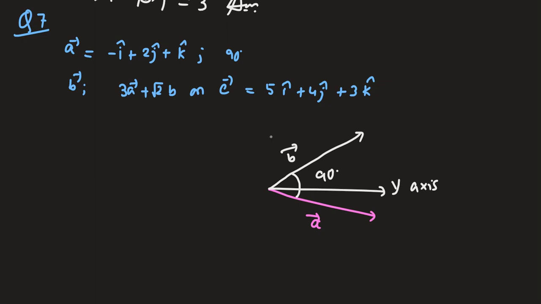Now a vector is given. You have to find the projection of this quantity on the vector c. Before finding the b vector we can't do anything, so we have to focus on how to find b vector. You notice that these three vectors are on the same plane, so we can say that they are coplanar.